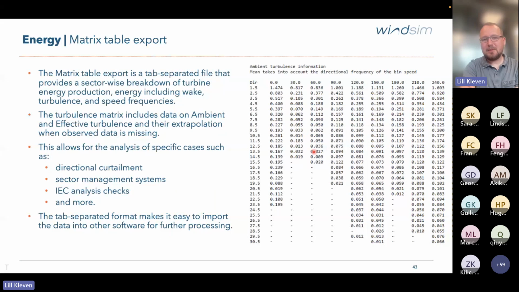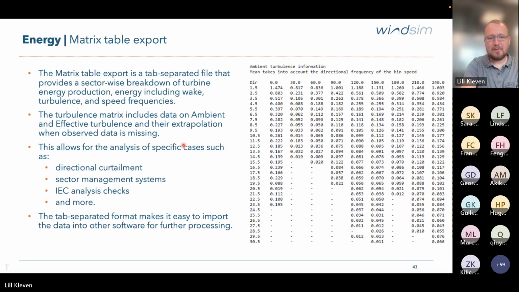Also the matrix table export is a tab-separated file where you can see a separate sector-wise breakdown of the turbine energy production, including wake, turbulence, and speed frequencies. So it's also information about ambient and effective turbulence.